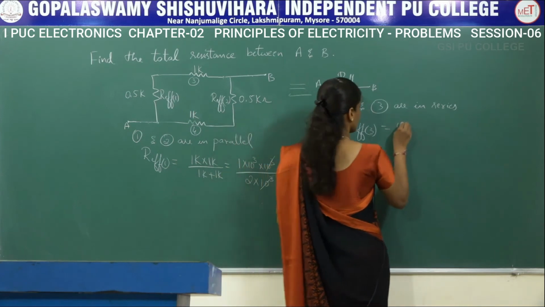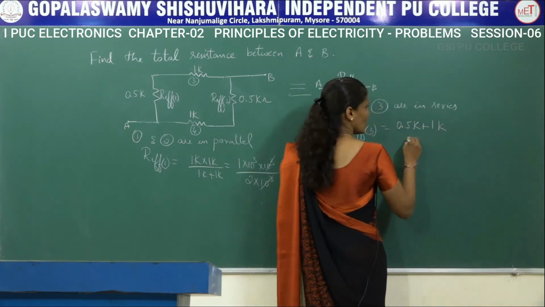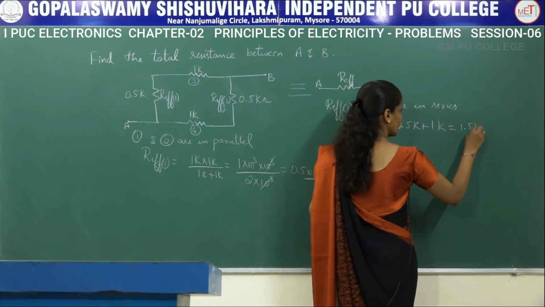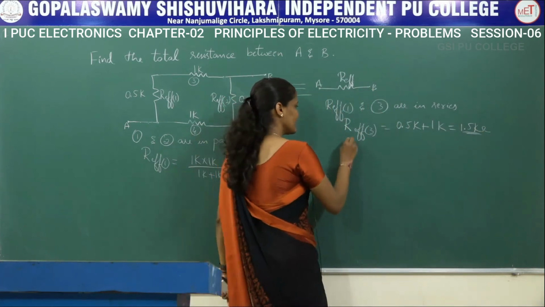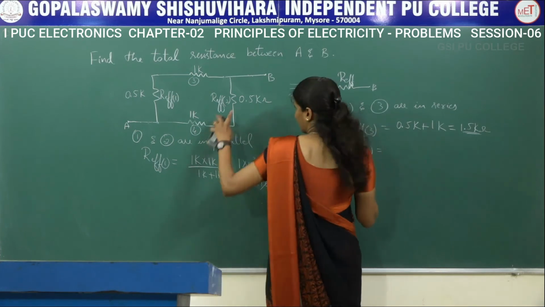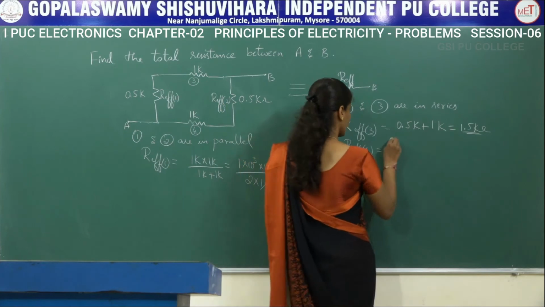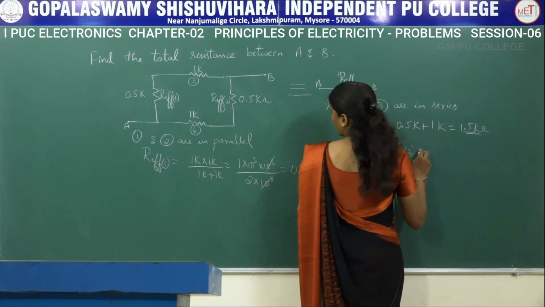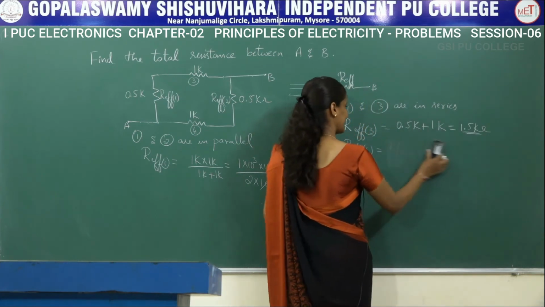Value will be equal to 0.5 kilo plus 1 kilo, which is equal to 0.5 plus 1, which is equal to 1.5 kilo ohm. Similarly, R effective 4, that is nothing but the series combination of these two resistors, that is R effective 2 plus fourth resistor. Let us write it directly.